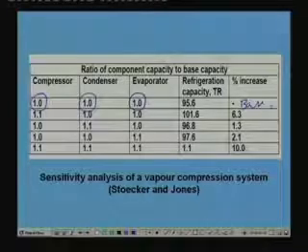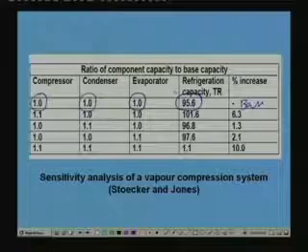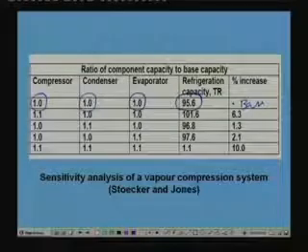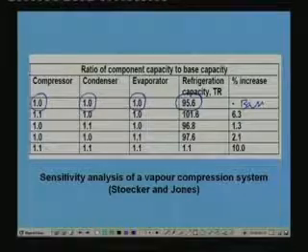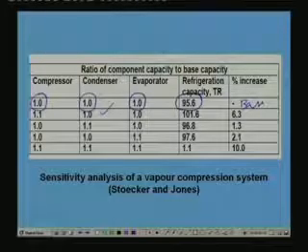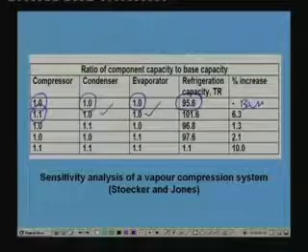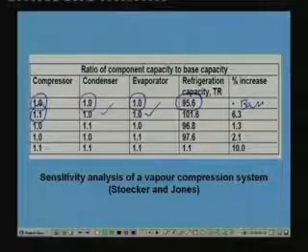At this base case, it is observed from the calculation that the refrigerant capacity is 95.6 tons. Now, all other parameters are kept constant, that means no change is made in the condenser, no change is made in the evaporator, and only the compressor capacity is increased by 10%. That means it becomes from 1 to 1.1.